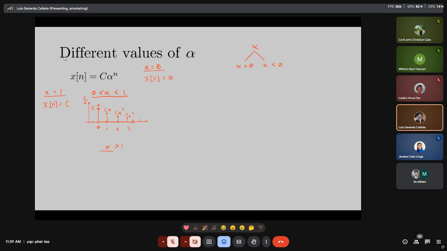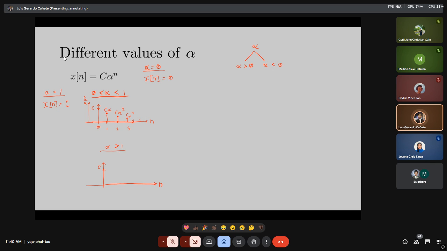But if we were to instead look at what happens when alpha is greater than 1, then of course we can also write this down. Say that's n. This is going to be C over here.